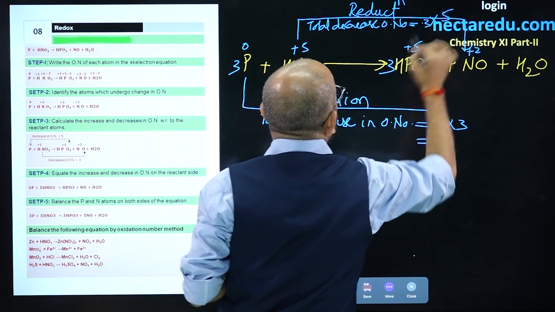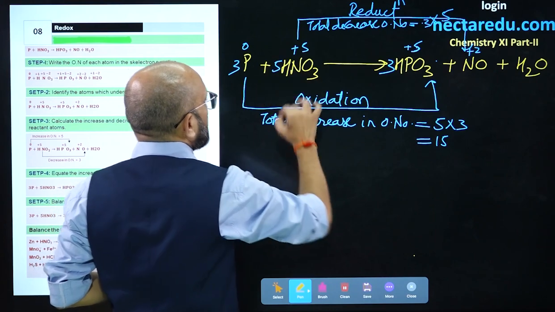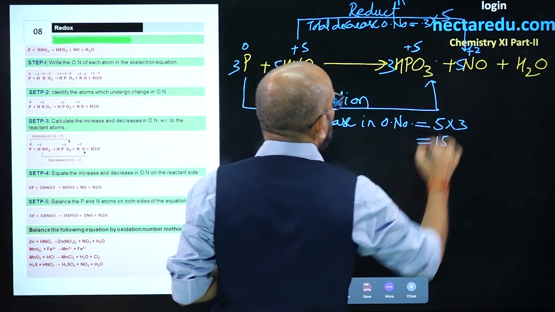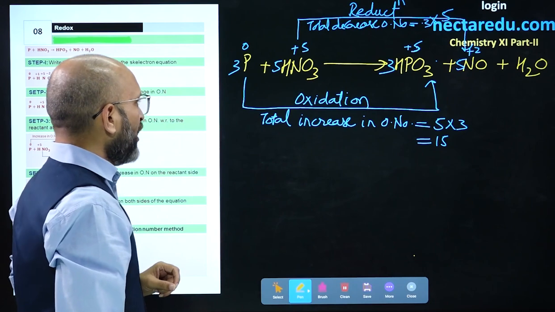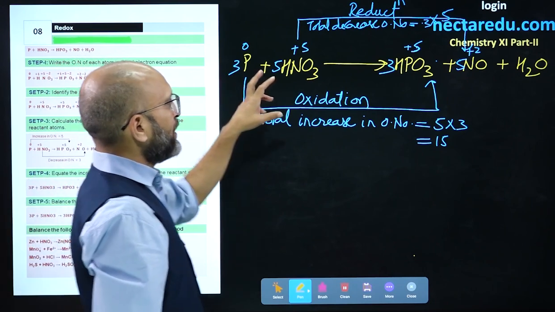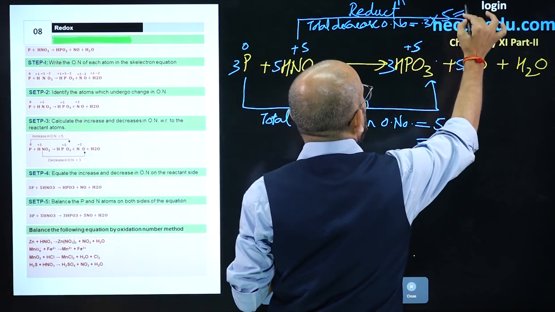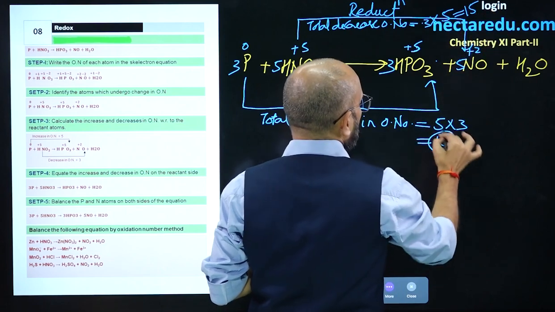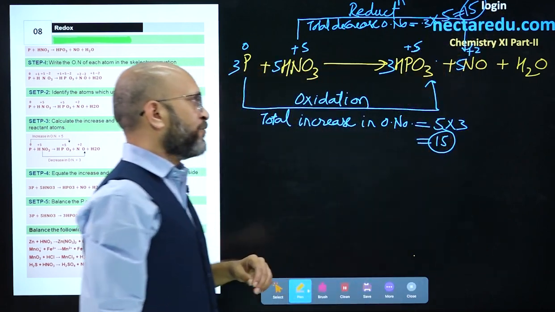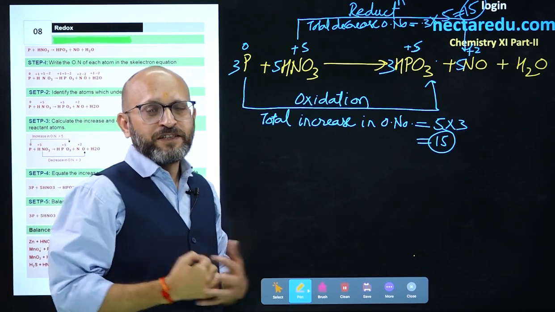So we multiply nitric acid as well as nitric oxide by 5. Now you have total decrease equals 15 and total increase equals 15. So we have balanced decrease with increase.